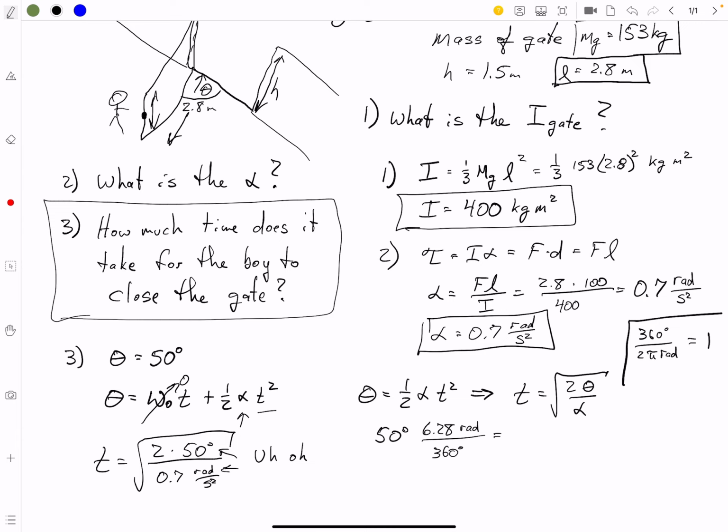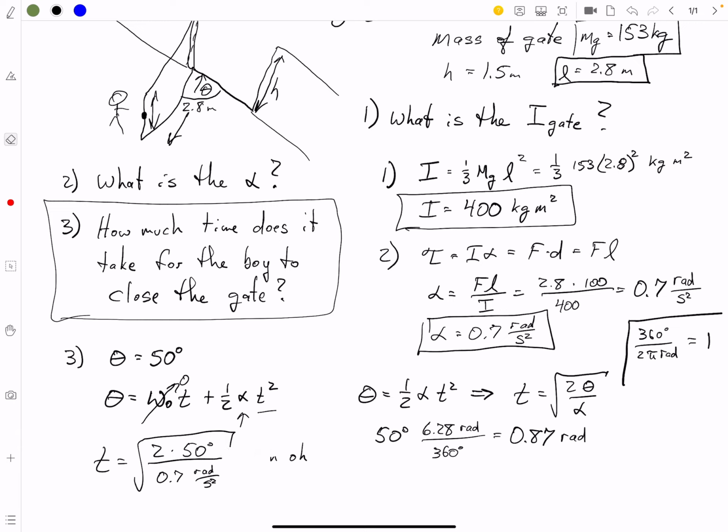All right, so let's do that. Where's my calculator? Here it is. Okay, 2 pi divided by 360, 0.87 radians. Okay, good. Now we can get back to business.